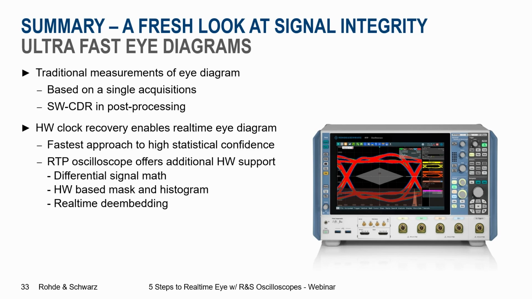With our new approach, where we use the hardware clock data recovery for the data eye analysis, we do continuous observation of the data eye. We have a very fast approach to collect a lot of data, and we use a lot of the hardware features within the oscilloscope in order to enable this high speed, like the differential math block, like the clock data recovery in hardware, like the mask and histogram as analysis tools also in hardware, and also the de-embedding in hardware.